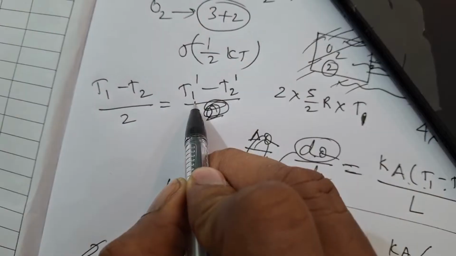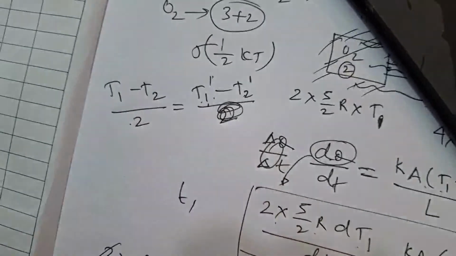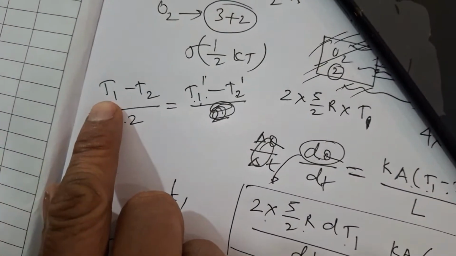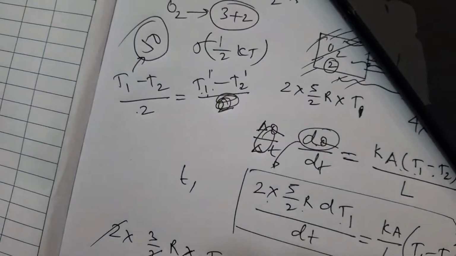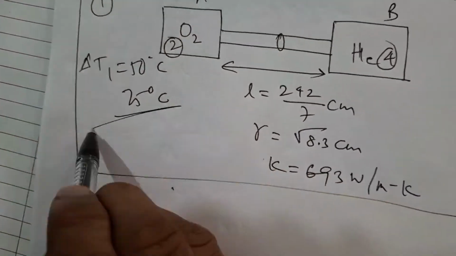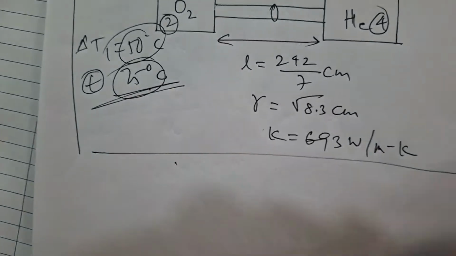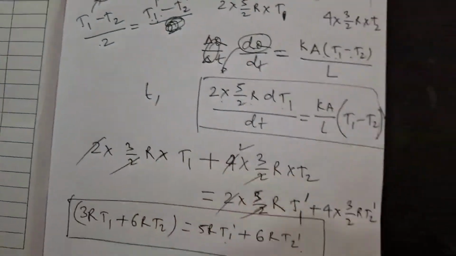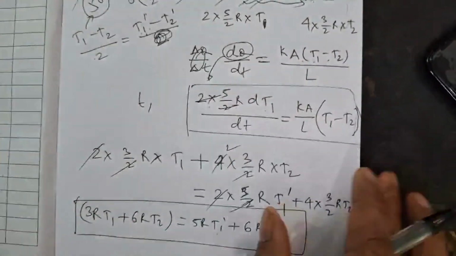Final temperature difference T1 prime minus T2 prime is half of the initial temperature difference. Initial we suppose T1 minus T2, already given as 50 degrees Celsius. Initial is given as 50 degrees C and after time t, 25 degrees C. So see how to solve this question. I am just solving again. This 2 gets cancelled.